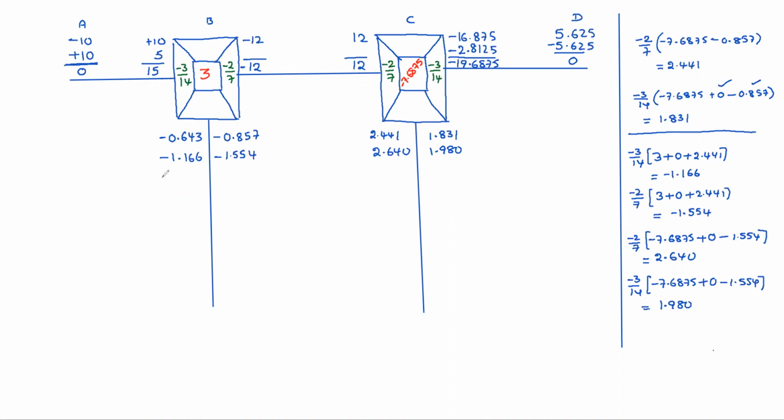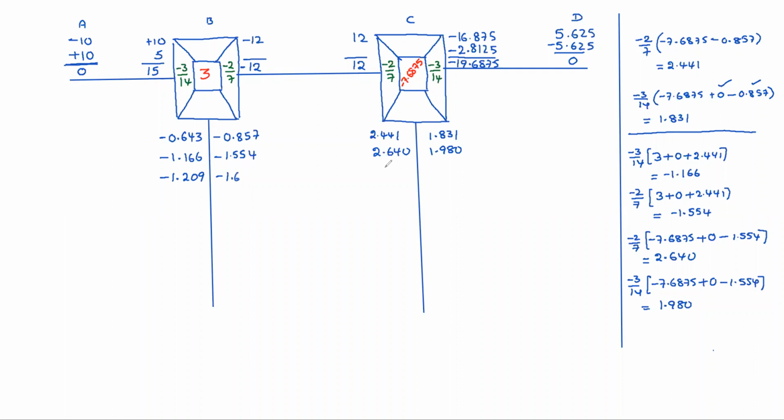Minus 1.208, 1.209. Okay. Similarly, minus 2/7 rotation factor into bracket open 3 plus from A end 0, from B end 2.640, minus 1.611.